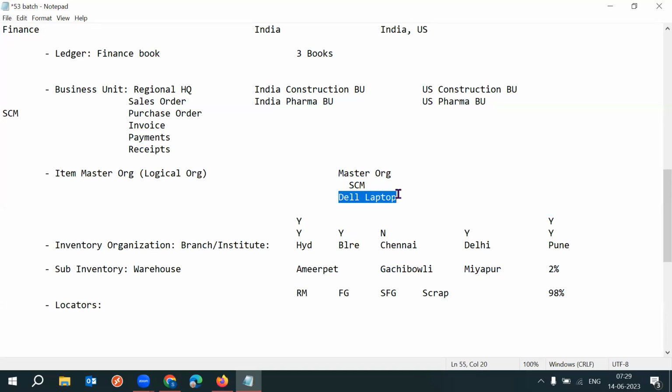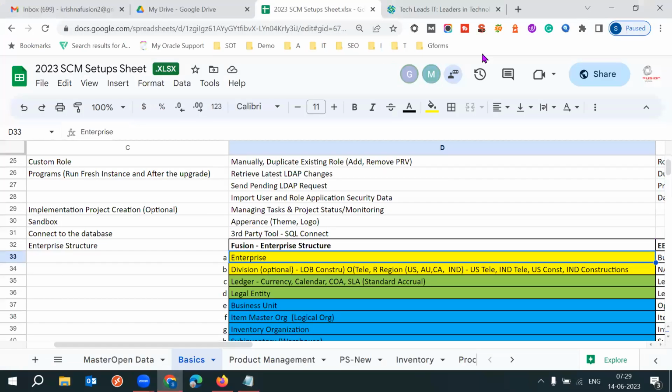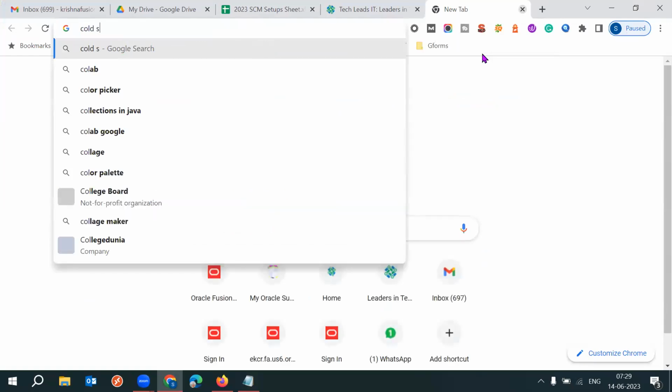So this laptop, that means I'm maintaining this laptop stock in the warehouse, right? In this warehouse, suppose this is a location. Let me tell you, this is a good example.